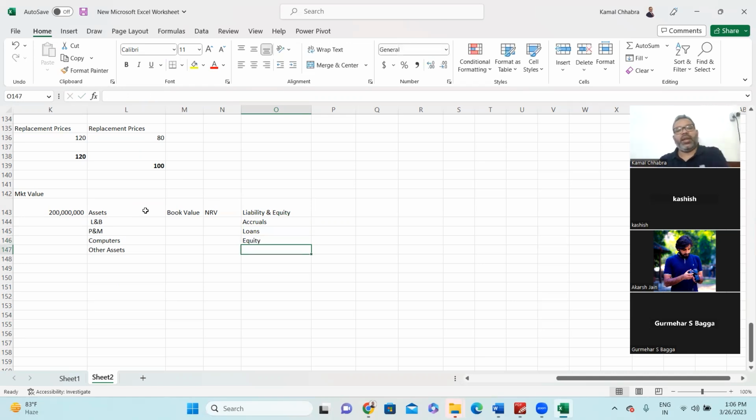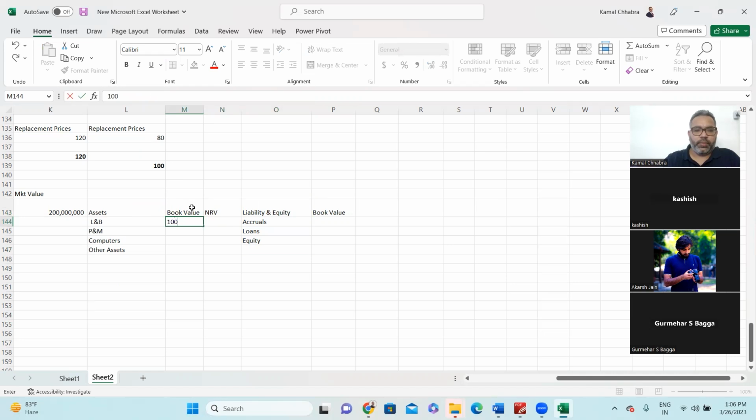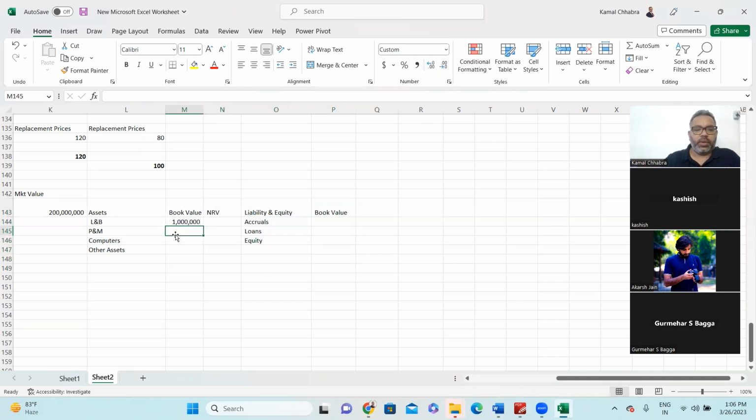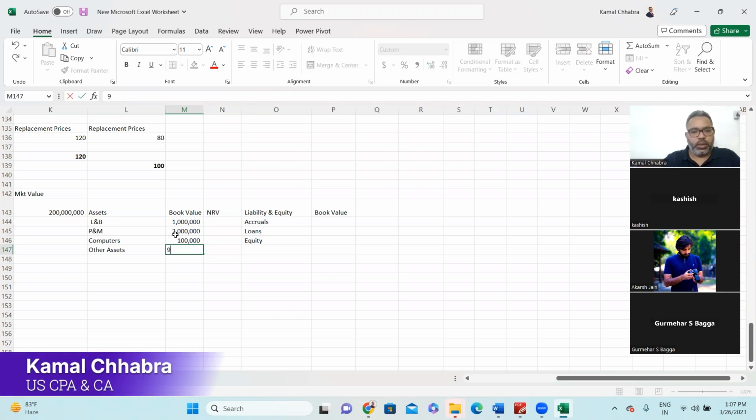Okay. Let's assume this is your T account kind of, and this is all at book value. So here, let's assume we have $1 million of land and building. You have $2 million of plant and machinery. You have, let's assume, 100,000 of computers, and then you have, let's say, 900,000 of other assets. So this is, let's assume, your total book value.